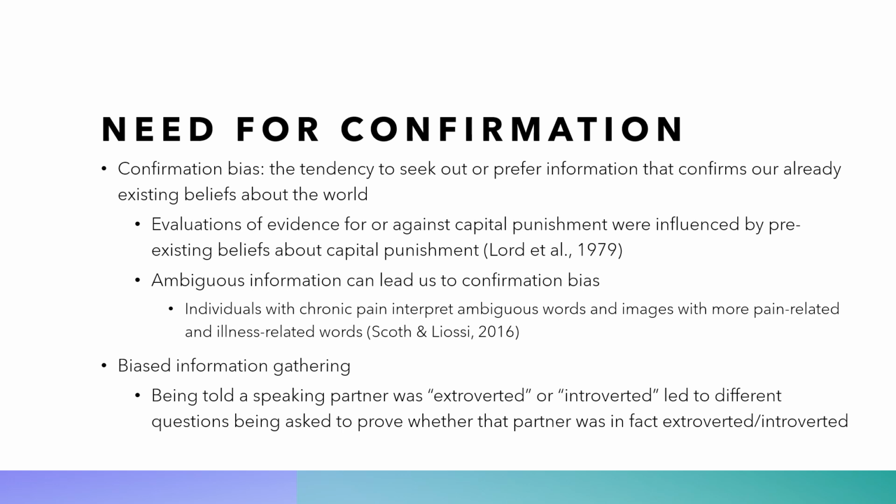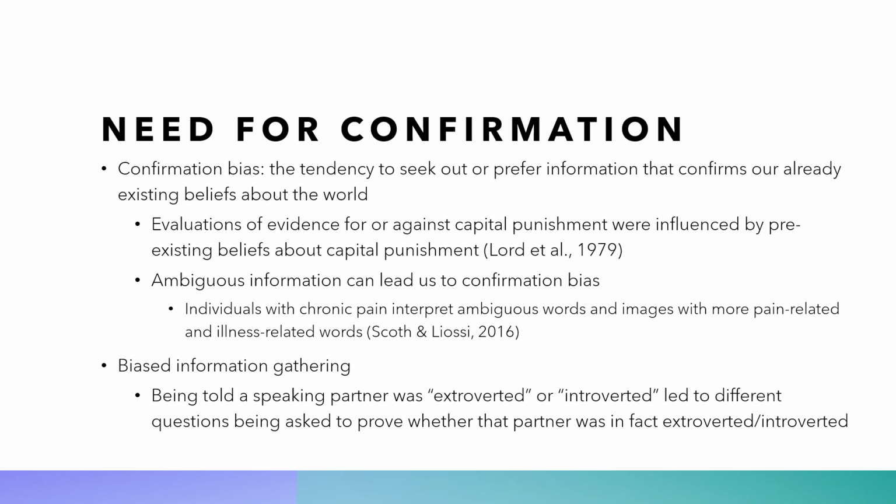As we talked about when confirmation bias first came up, we know that evaluations of evidence for or against capital punishment are influenced by pre-existing beliefs about capital punishment, and that this presumably is pretty true for most information. Another thing to note here is that ambiguous information can lead us to confirmation bias.